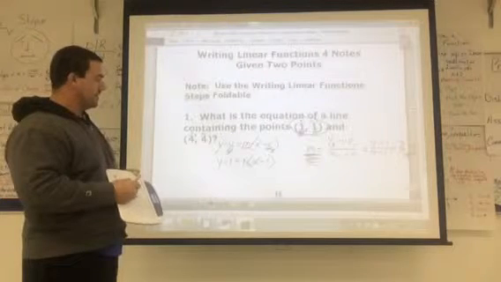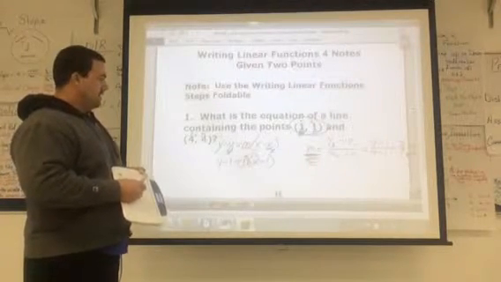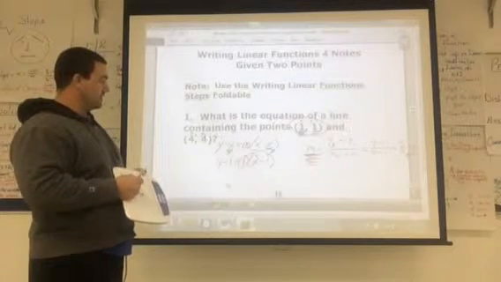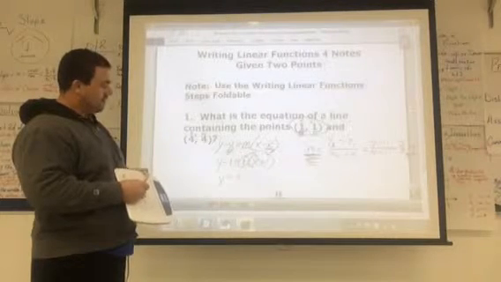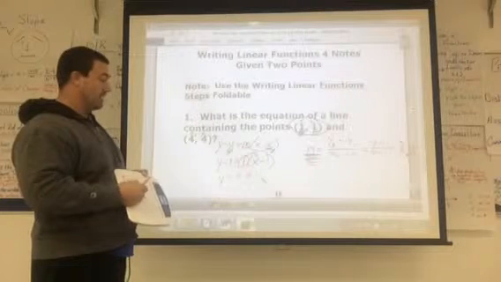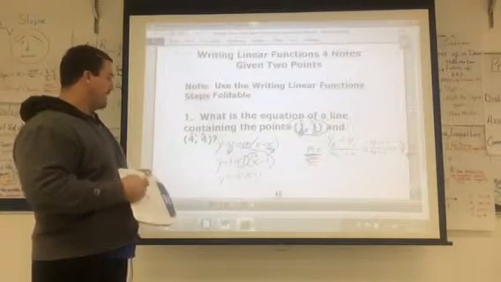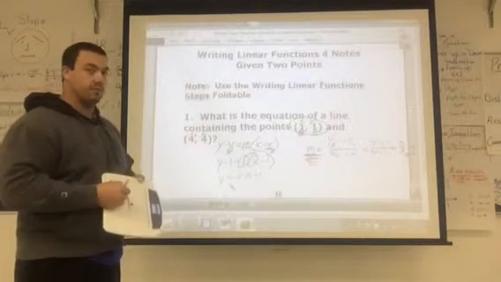So I need to clean this up. Let's do a little distributive property. 1 times anything is just going to be itself, so this is going to turn into y minus 1 equals 1 times x is x, 1 times minus 1 is minus 1. And then lastly, to finish it up, we need to solve for y.